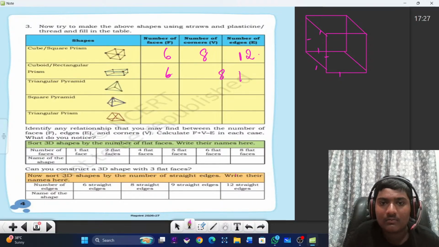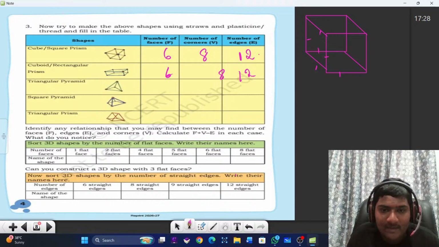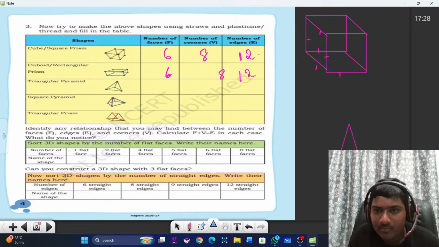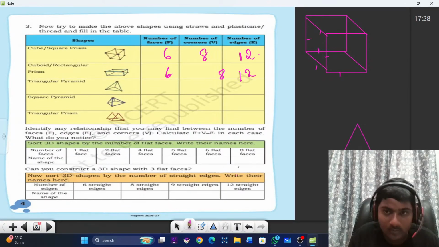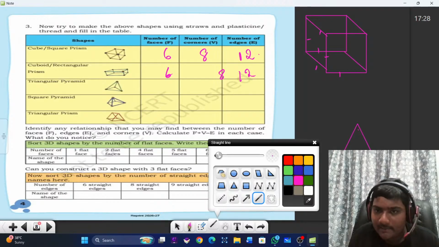What happened? Triangular pyramid, let us know how it will be. So the triangular pyramid will be in such a way. Let me draw.